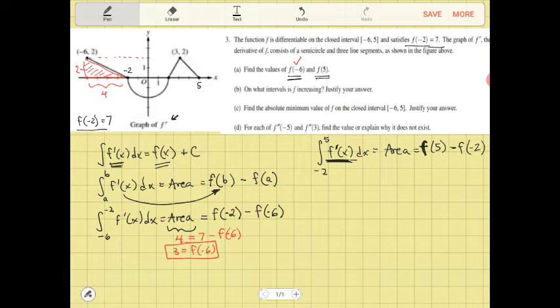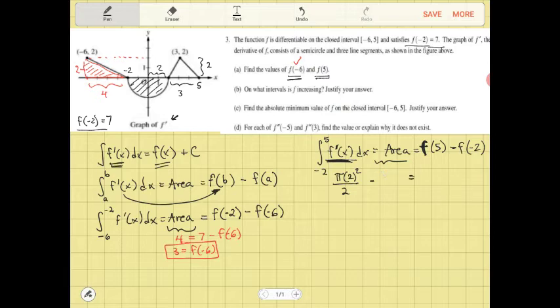So this time the area is just a little more challenging. It's not too bad. It is going to be half of the area of a circle of radius 2. So that is pi times r squared divided by 2, minus the area of another triangle. This time the triangle has a base of 3 and also a height of 2.